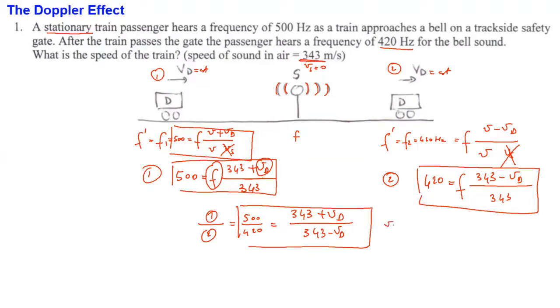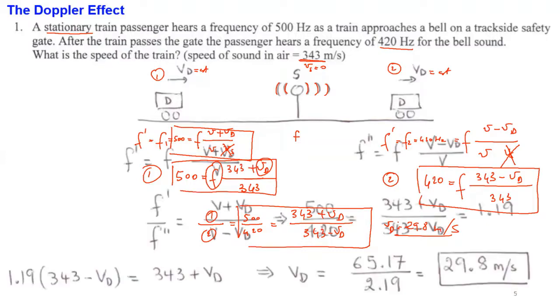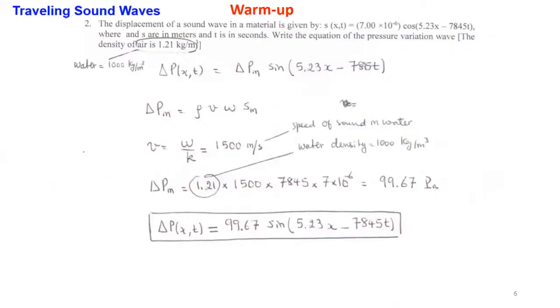If you solve for Vd, you will get 29.8 meters per second. So this is the constant speed of the train. Is it clear? Okay. So the solution is given here, so you can have a look at it. Next.